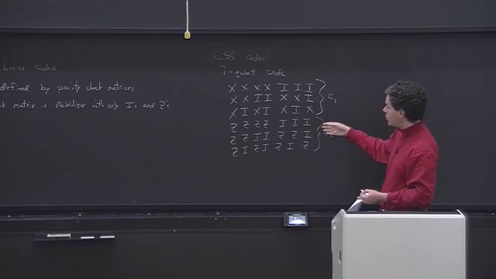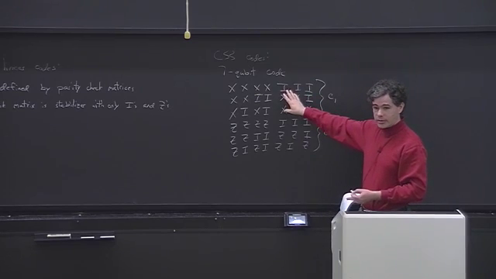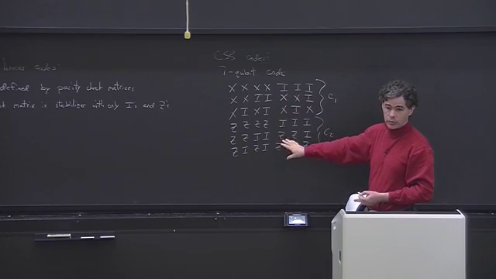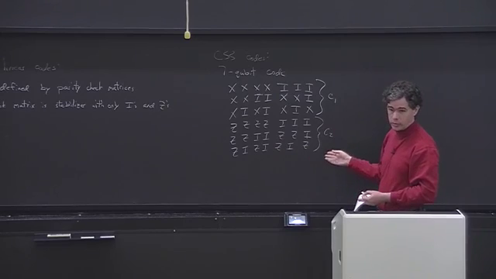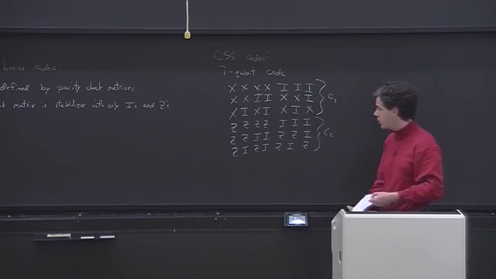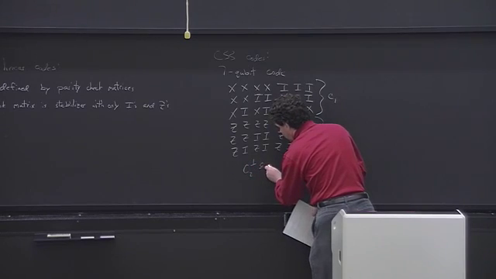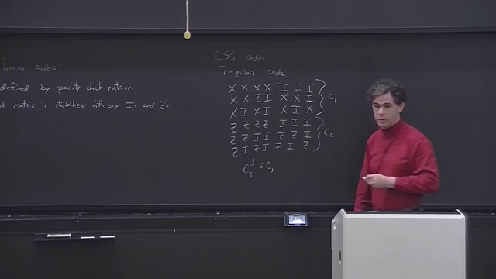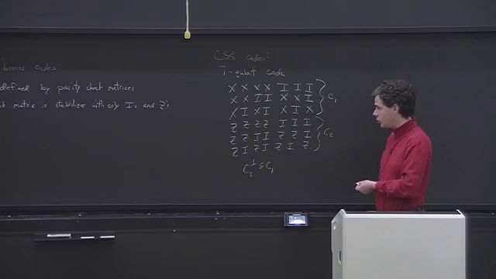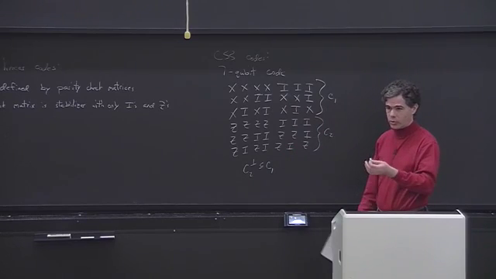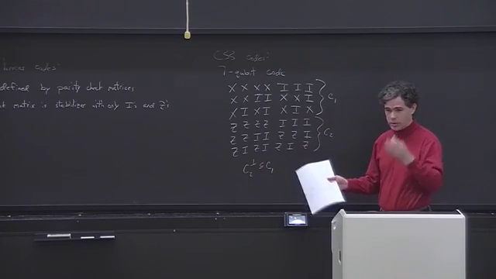But to do that, there's something you have to check. You have to check that these X operators commute with these Z operators. So you can't just take 2 arbitrary codes. They have to be codes that have some relationship. Which it turns out the correct relationship is that C2 dual is a subset of C1. So C2 dual is the code consisting of all the codewords that are orthogonal in the binary dot product.